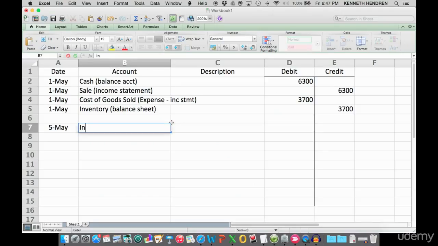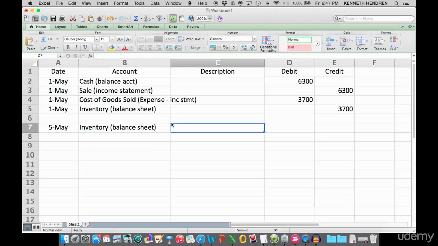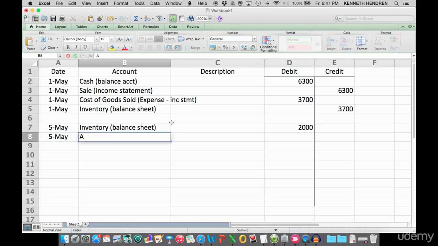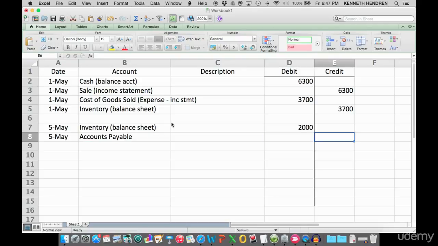So inventory is going up on the balance sheet for $2,000. And we're using credit, right? So that means we're not paying cash. So it's going to be accounts payable, on account, that we don't have any money to pay it. Or we're choosing not to pay it with money, so we're using a payable on credit.